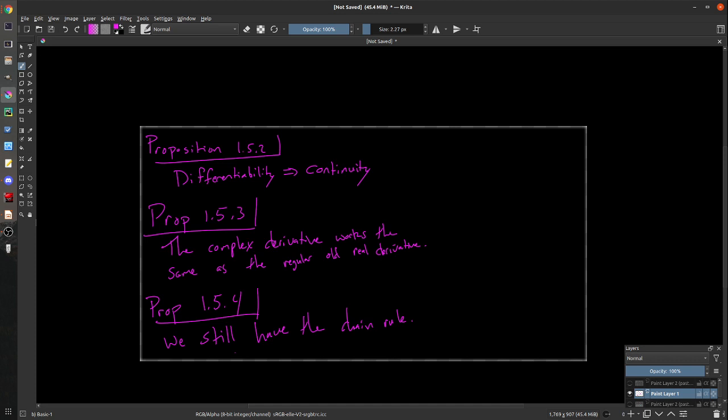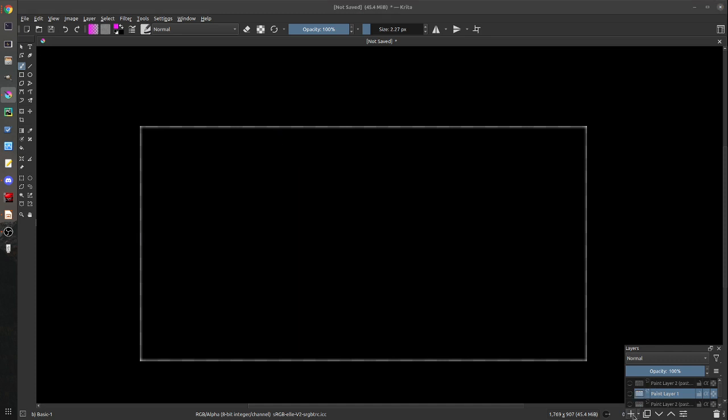Instead, what we should focus on to a much greater degree is the interesting consequences of complex differentiability. For example, I'll just start with this piece right here, and then we'll do this little notice piece in a moment.